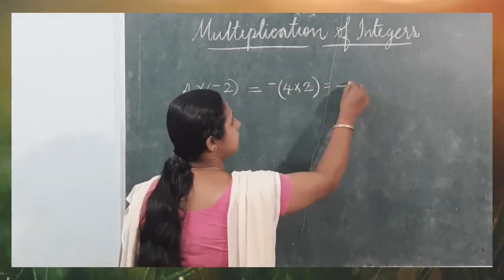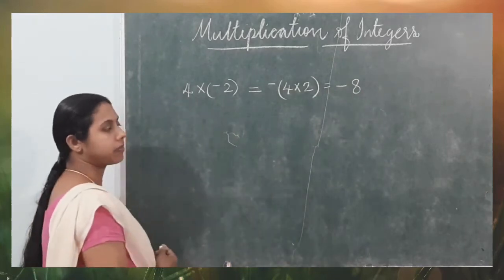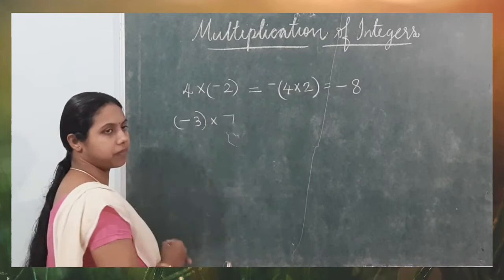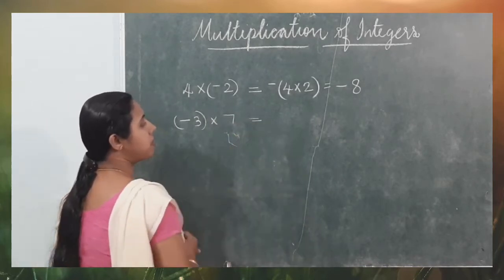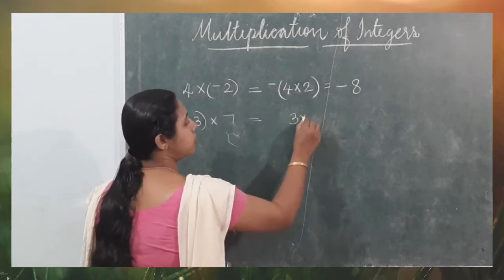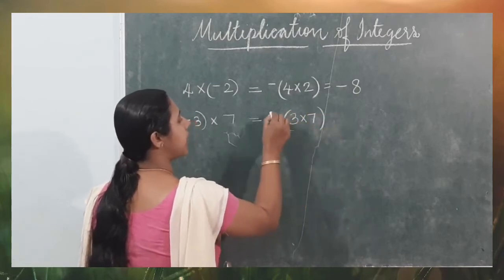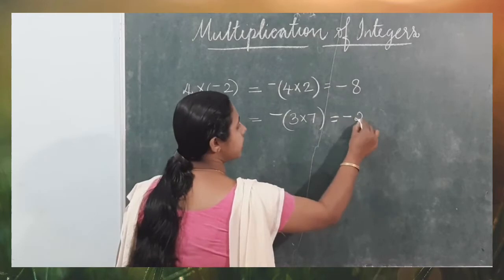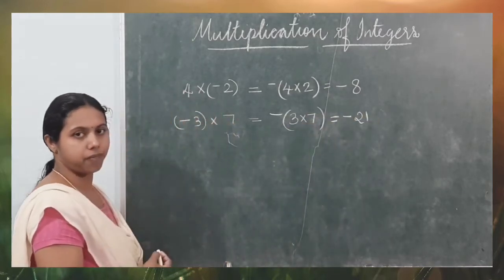So, your answer is minus 8. Next one, minus 3 into 7. That will be equal to 3 into 7. Put the negative sign before the product, which is equal to minus 21.